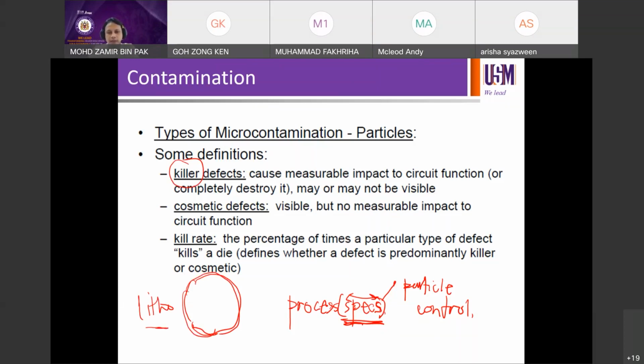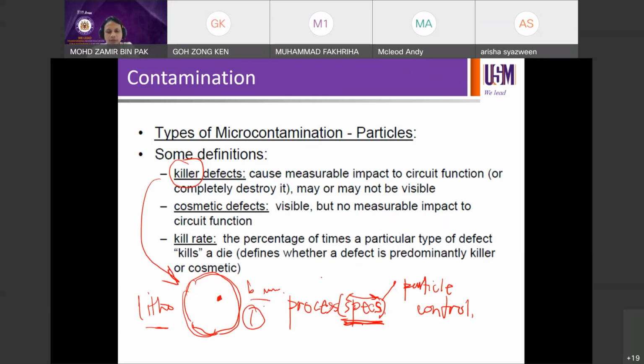So after the process, say you find one particle of a certain size. Say it's quite big, a couple of microns in size, and then only one count. Only one count. And this defect is categorized as killer defects, where you cannot have any at all.